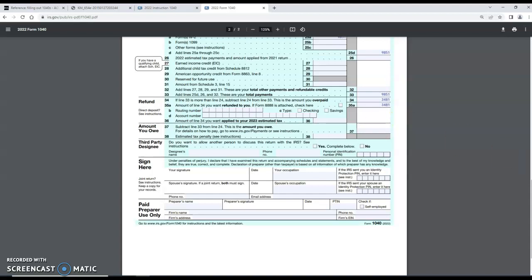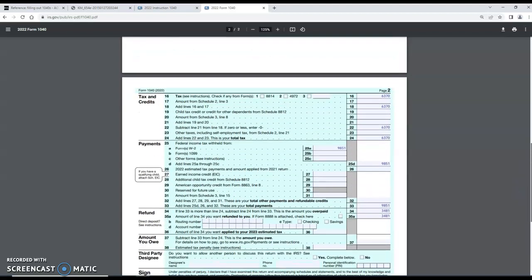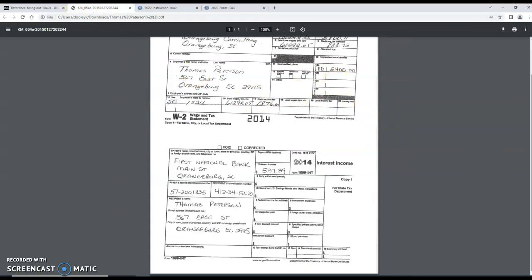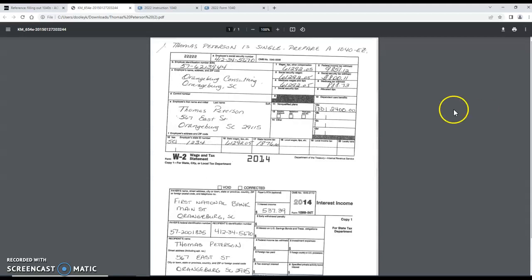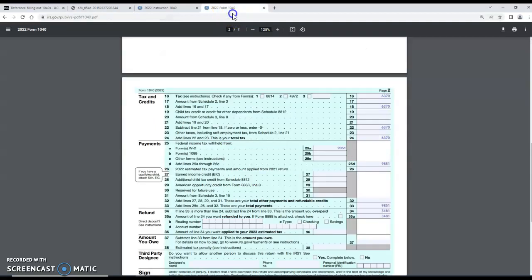All right, now, let's say that Thomas, on his Form W-2, Box 2, had only $28.51 instead of $98.51.